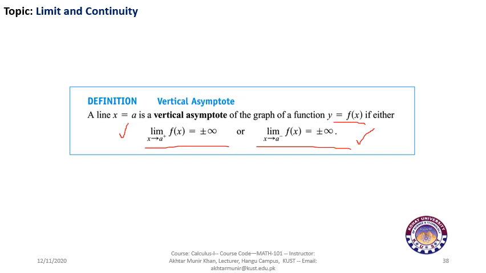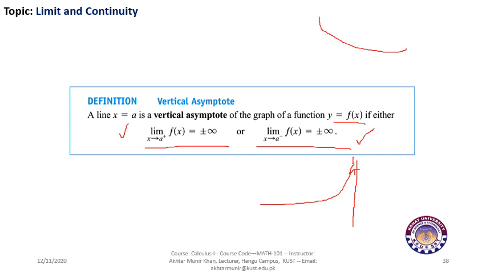So a vertical asymptote has the property that one can say that at infinity, the asymptote will touch the curve. At infinity, this curve and the asymptote, which is a line, will touch each other.